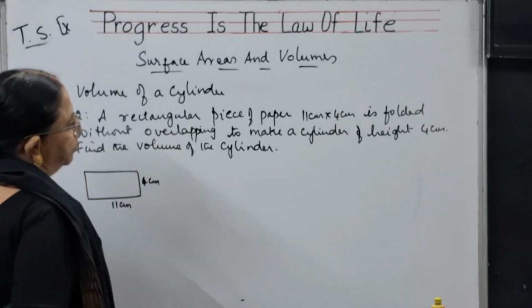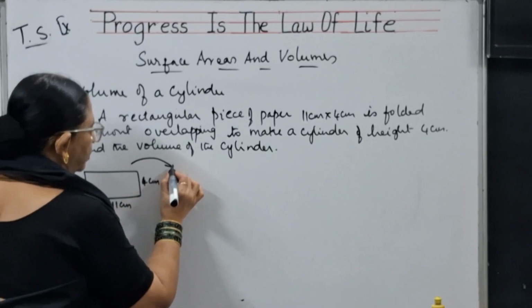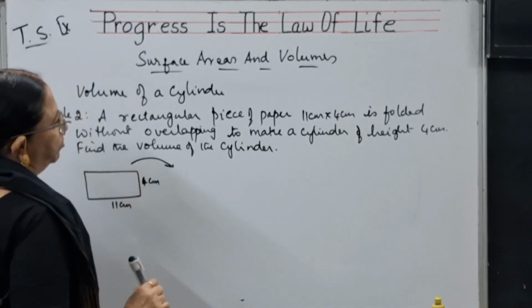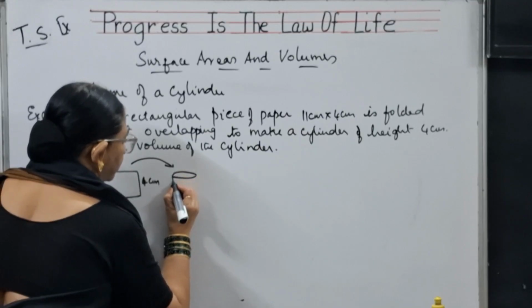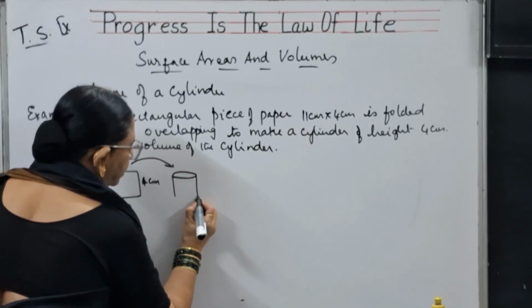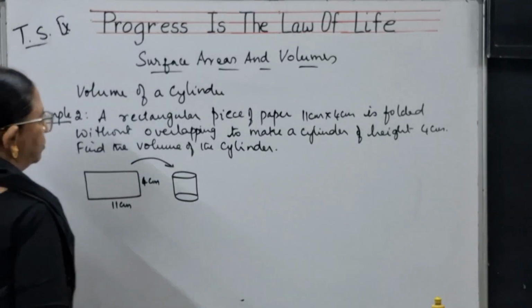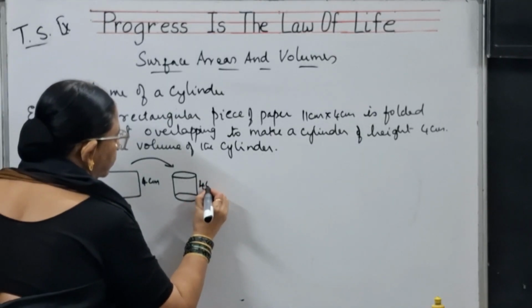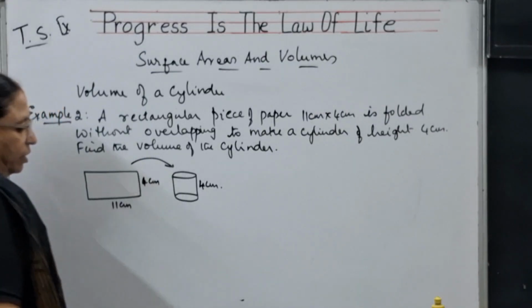This is folded without overlapping to make a cylinder of height 4 centimeters. So this is folded in such a way that you need to get a cylinder which is having height 4 centimeters. Find the volume of the cylinder.